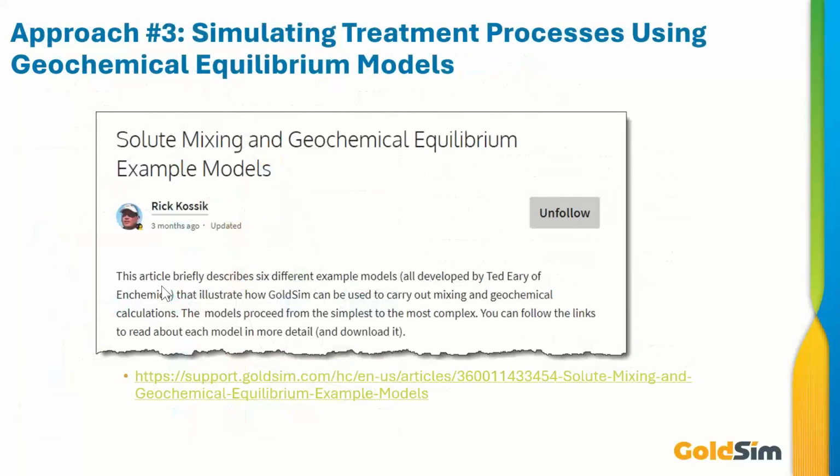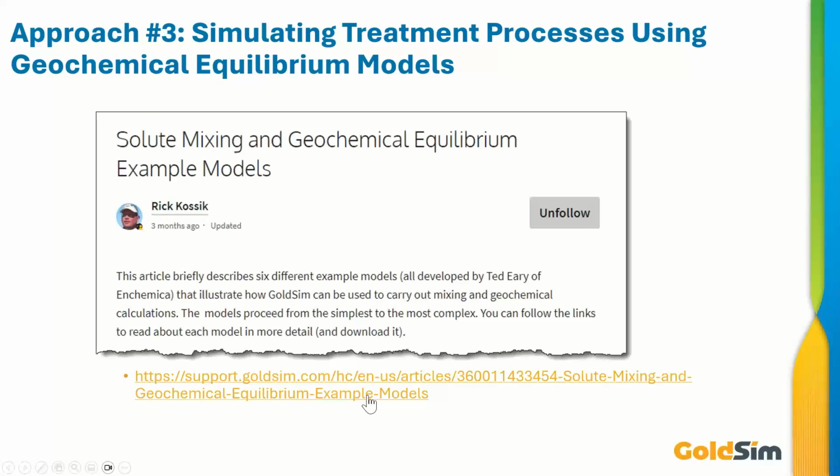There's a whole bunch of different ways to approach this. You will see on our support help desk there is an article that describes different ways of tackling this, put together by Ted Eary, who's a geochemist, ranging from a fairly simple approach, to an intermediate approach where we're running PHREEQC and using lookup tables, to actually linking a geochemical code like PHREEQC directly into GoldSim and calling it every time step.